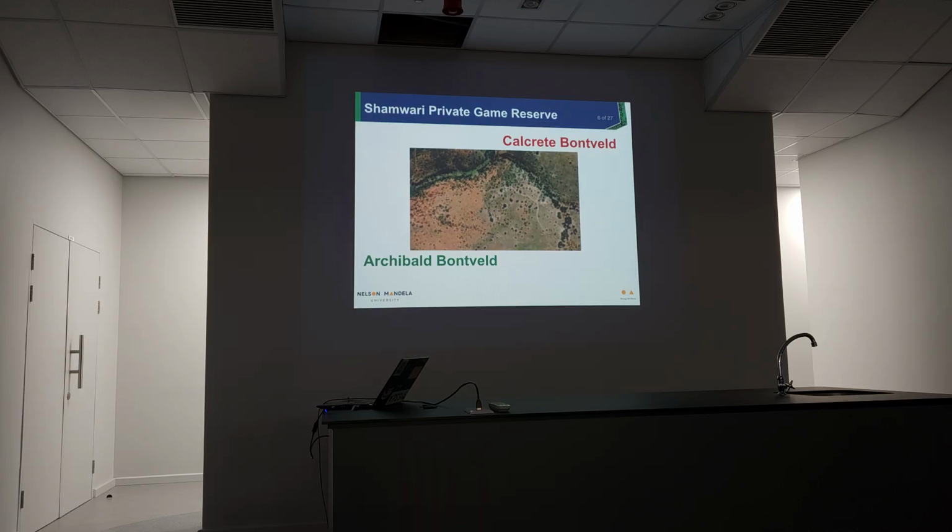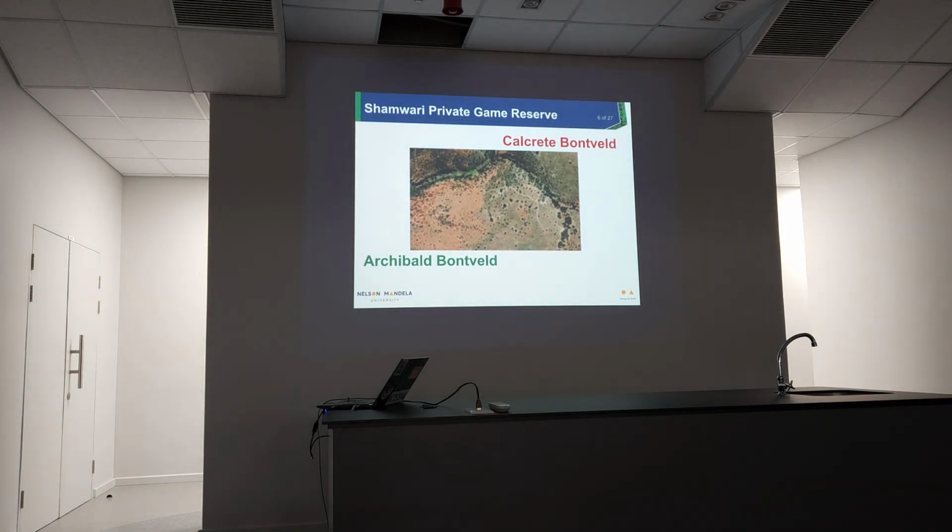So that's two of the types of mosaic, and they are close to each other, so you can exclude climatic differences, and that's useful.